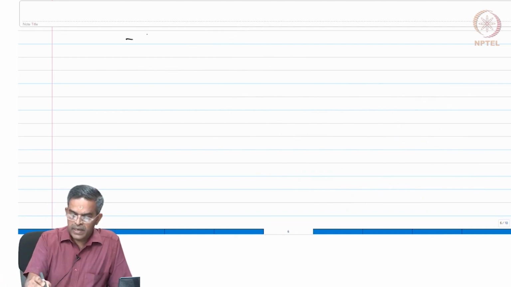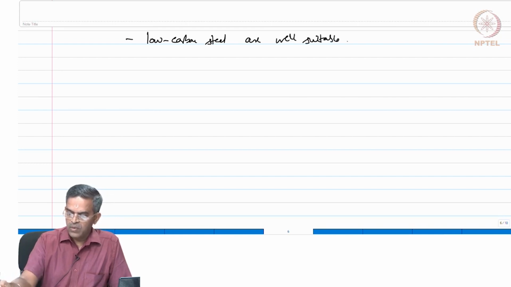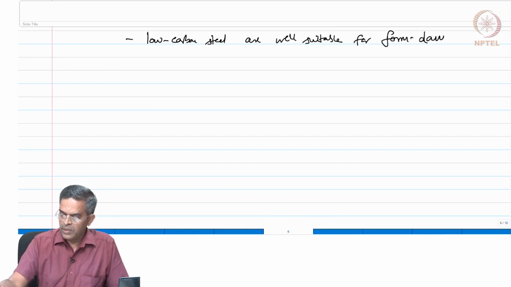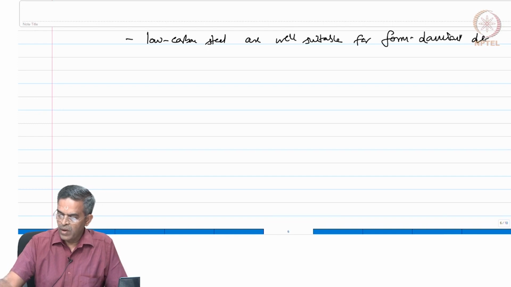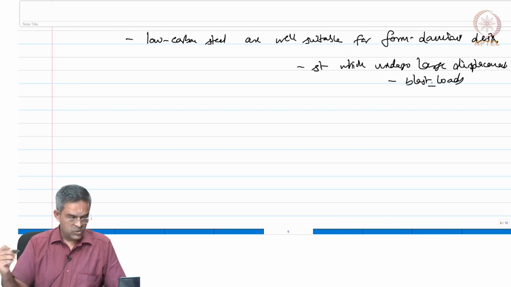Therefore, we can say that low carbon steels are well suited for form dominant design or structures which undergo large displacements. One example could be structures under blast loads.